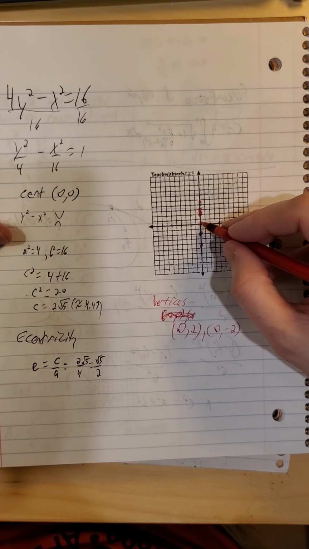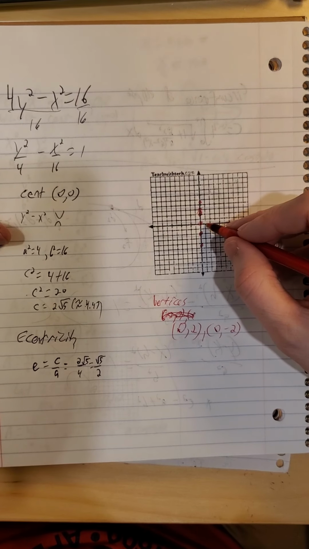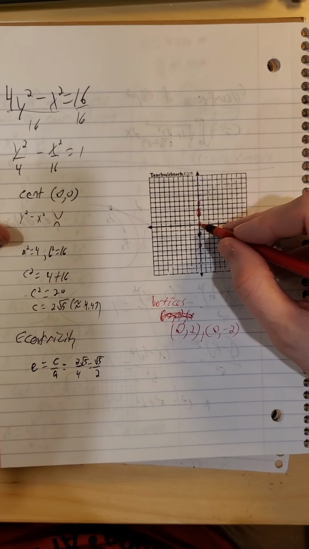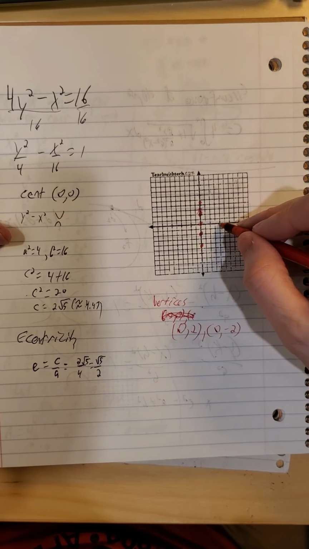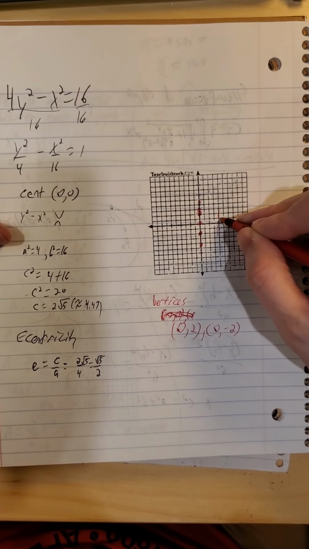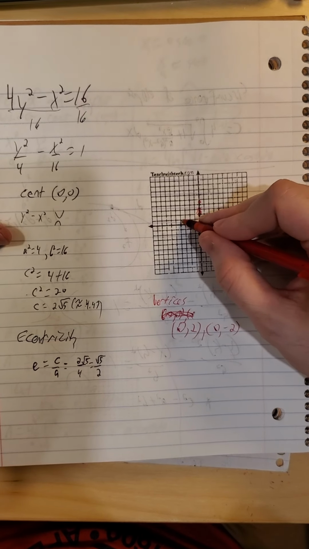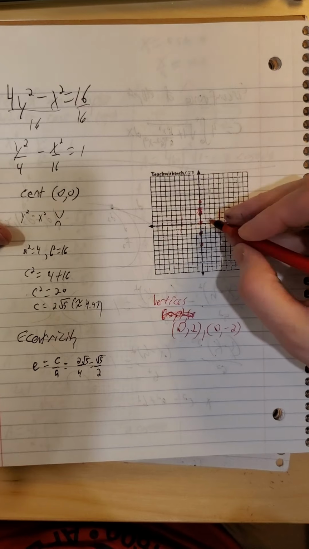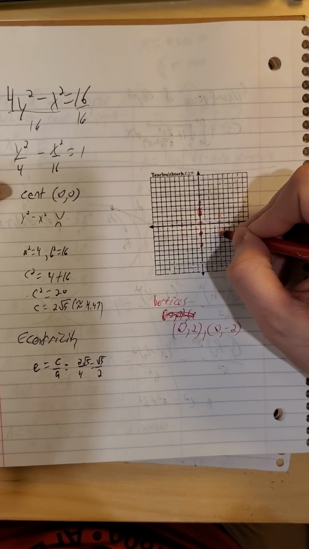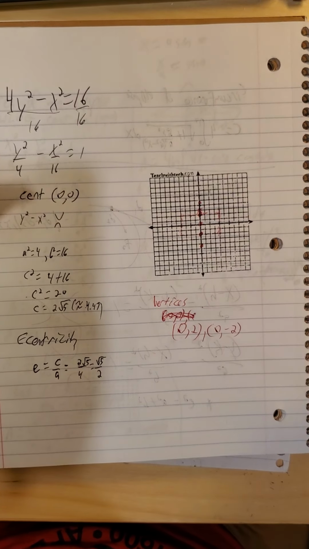What I'm going to have you do is go out those 4 units, but instead of putting a dot there, put little dotted lines instead of a point. So 1, 2, 3, 4 units, a little dotted line there, and 1, 2, 3, 4 units the other way. And we'll do dotted lines through our vertices as well. You get this nice little rectangle.